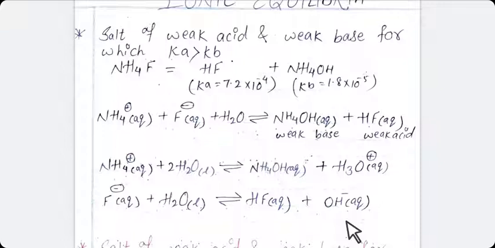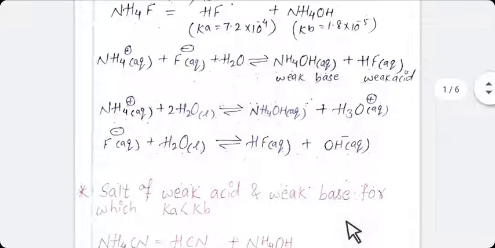Now, the second type of salt is the salt of weak acid and weak base for which Ka is lower than Kb.